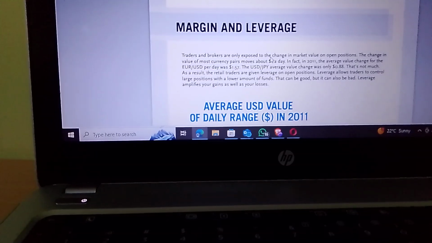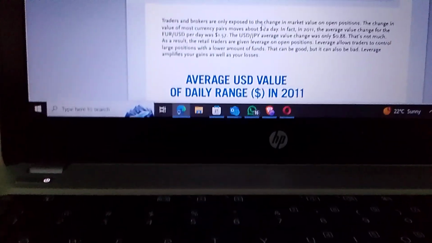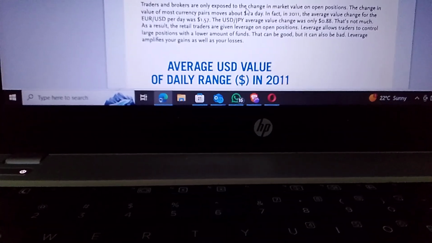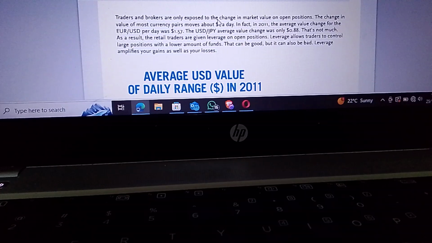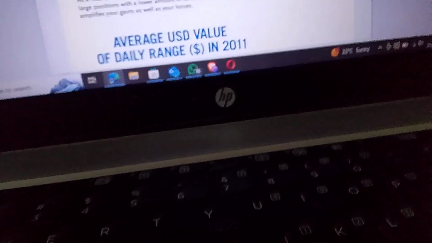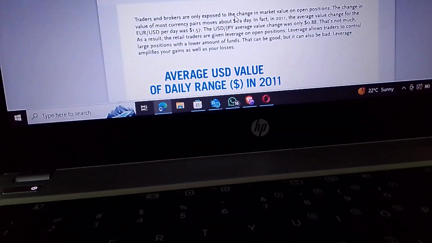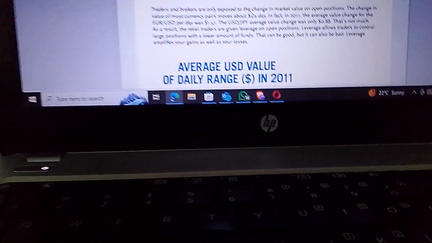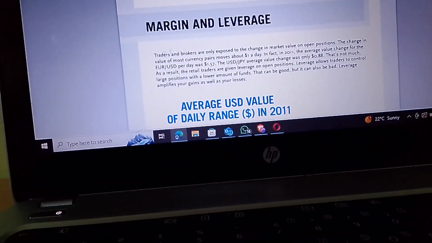So let's start. Margin and leverage. They say traders and brokers are only exposed to the change in market value on open positions. Yeah, that's true. You are only exposed to it when you are opening. The change in value of most currency pairs moves about $1 a day.